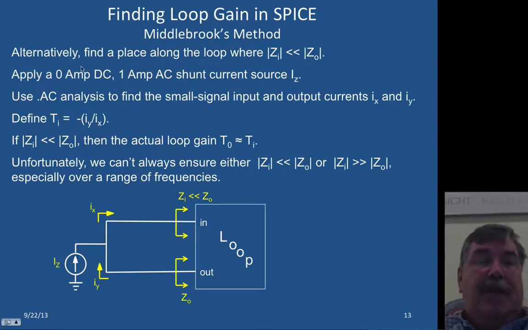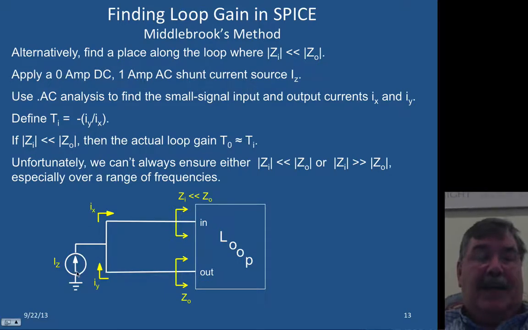Apply a zero value current source, zero value DC current source, I sub Z. With I sub Z equals 0 for DC means that the DC currents in these two branches are equal. And once again, they'll be equal to just the right currents, and this will be equal to the right voltage.